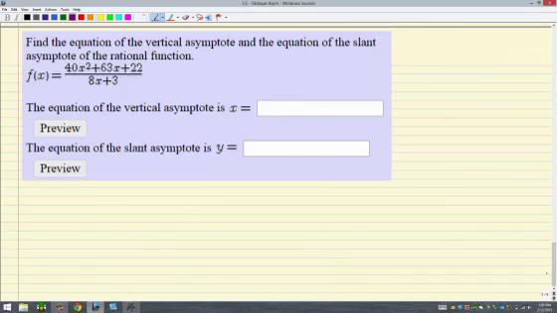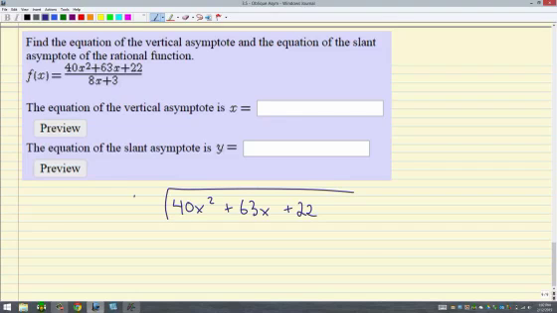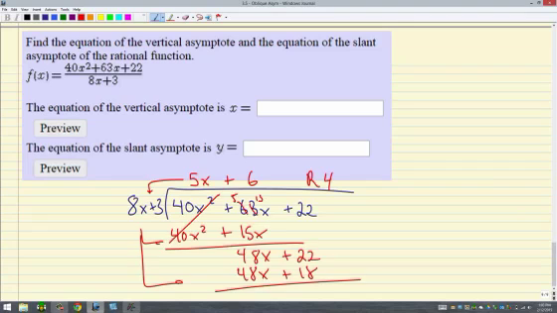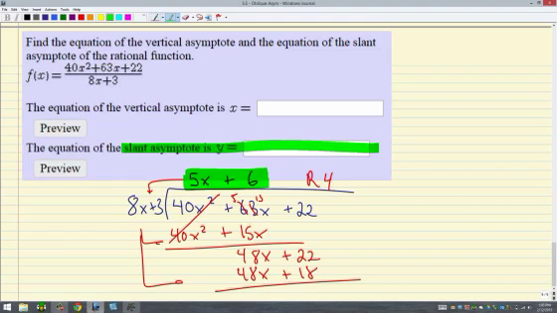One more, just for kicks. So we're going to do the exact same thing. So we've got 40x squared plus 63x plus 22, and we're going to divide that whole thing by 8x plus 3. This is the oblique asymptote, 5x plus 6.